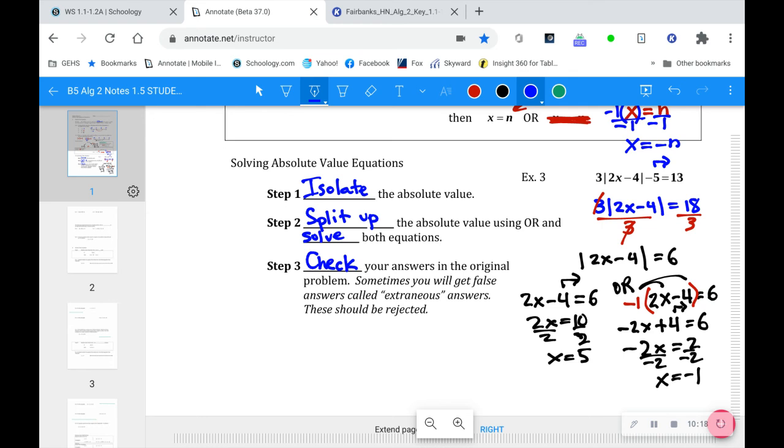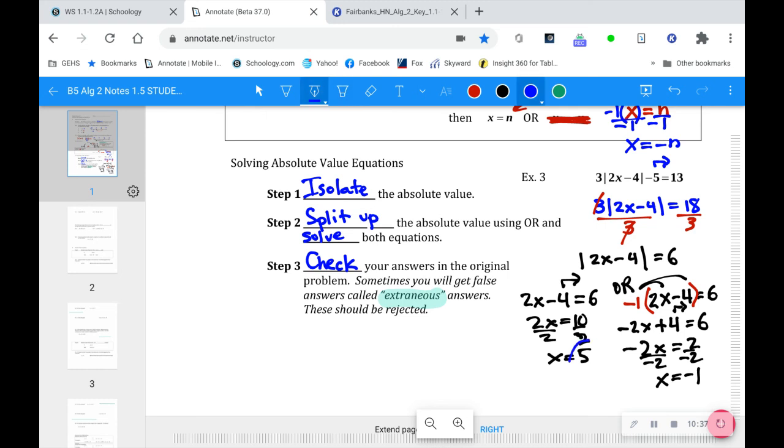So you get all the way down to the bottom and you actually might have wrong answers. These answers that are fakes are called extraneous answers. You can abbreviate that with the first 4 letters. It's not an extra answer, it's an extraneous answer, meaning a false answer that you can't trust.